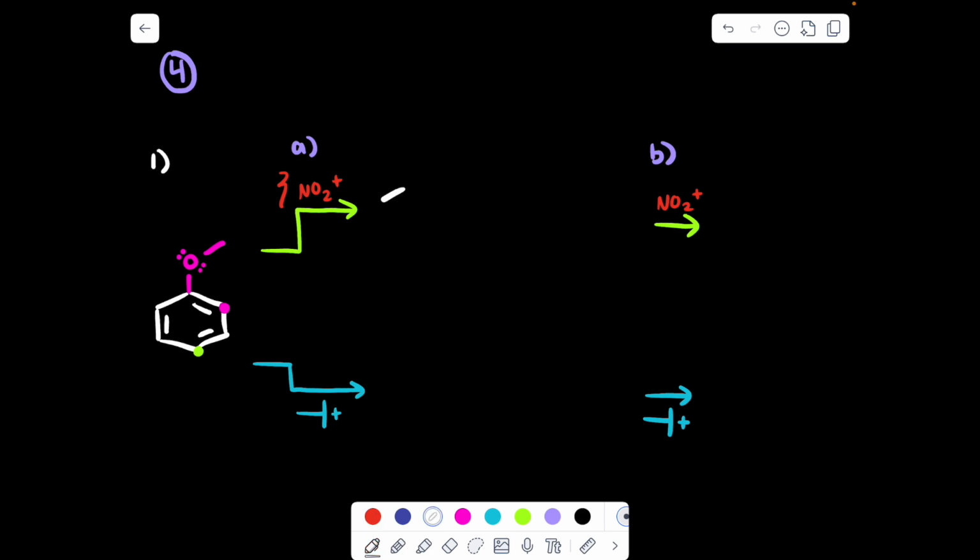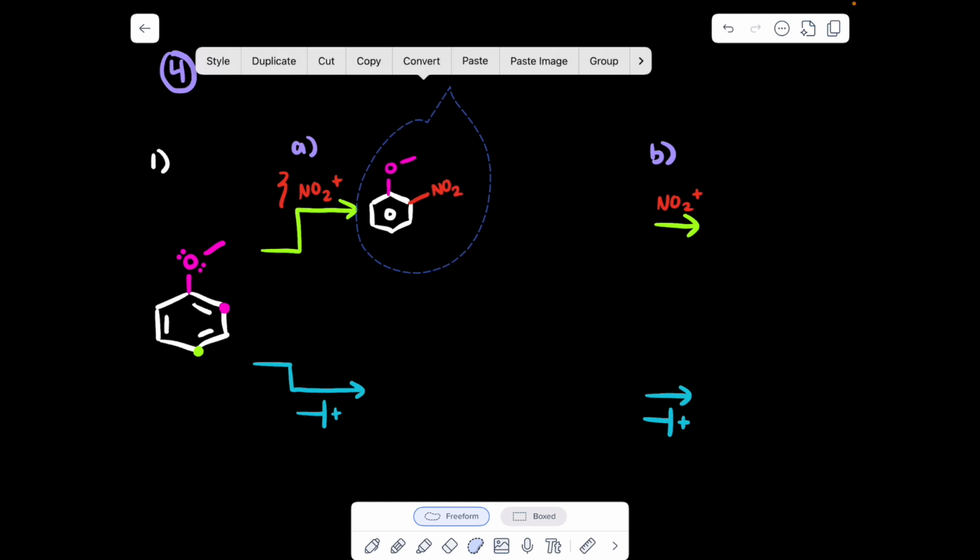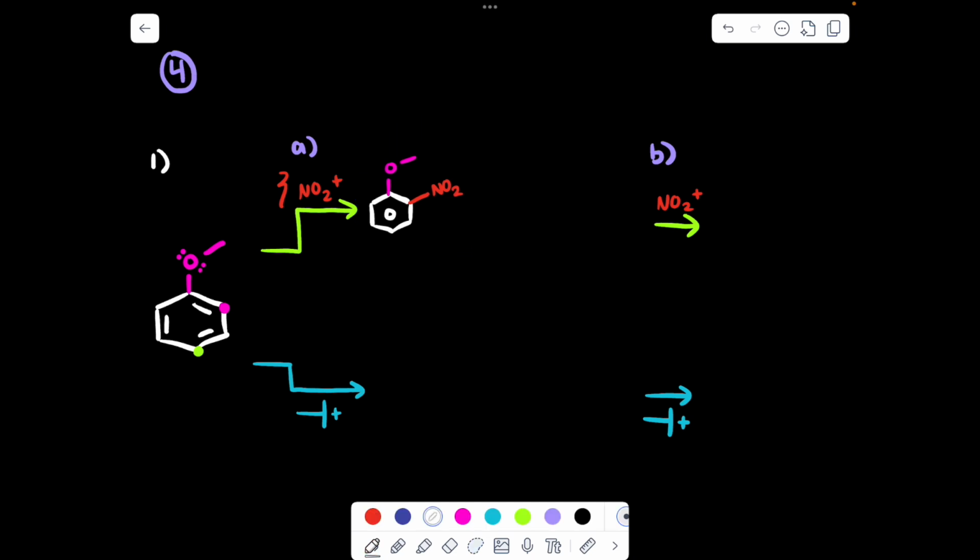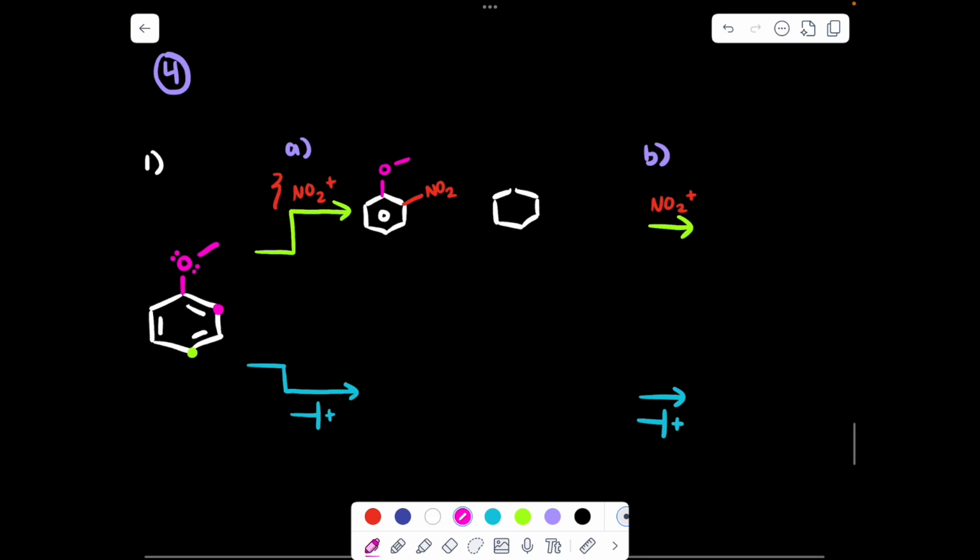And the nice thing about drawing the product is you can just draw a circle in the middle of benzene, draw on your original electron donating group, so the OMe, and all you need to do now is add in the withdrawing group to the ortho position, so the pink carbon, NO₂, or your para product. So the para product would be if you added in the NO₂ group to the green carbon that I highlighted.